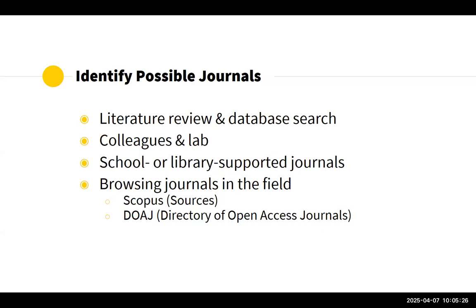If you're interested in the open access route, see if you can be supported for that, because these author fees tend to be thousands of dollars. So definitely look to see if they're supported before you get your heart set on a specific journal.